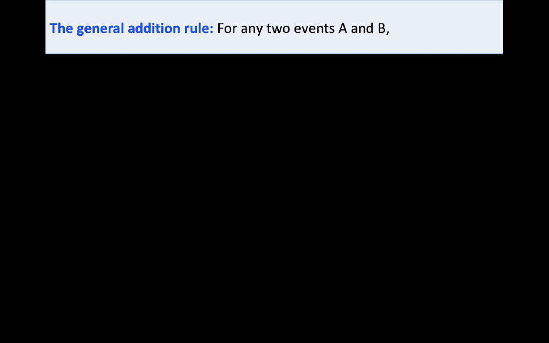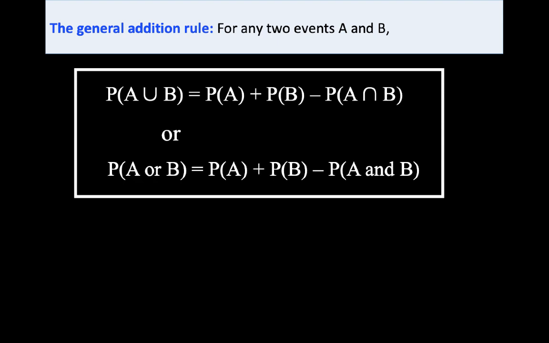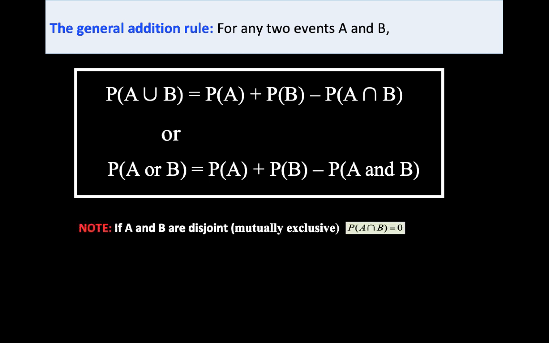The general addition rule. For any two events A and B, we can write down probability A union B, or we can say probability A or B, equals probability of A plus probability of B minus probability of A and B. Note, if A and B are disjoint, it means mutually exclusive, then probability A intersection B equals 0.